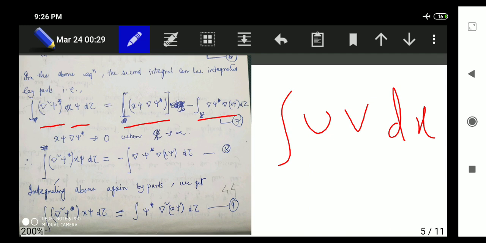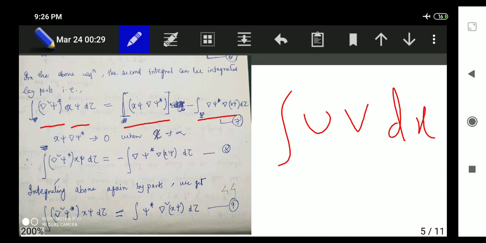Then you have this. Okay, now again you can see x psi del psi star. Again, if x tends to plus or minus infinity, psi tends to 0. So x is infinity, psi is 0. Infinity multiplied by 0 is in fact a 0 thing. So the first term will vanish.